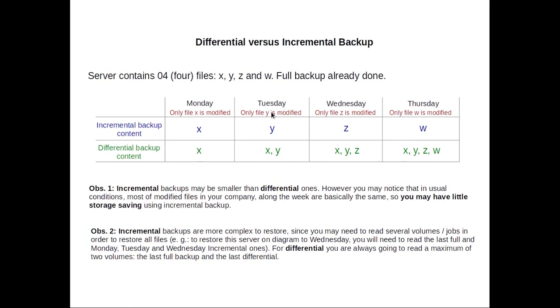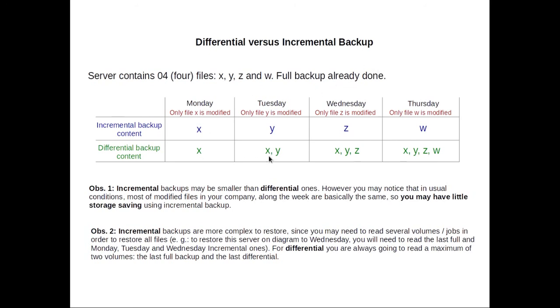However, on Tuesday, if only file Y is modified, an incremental backup would contain only Y, and a differential backup would contain Y and X, because X was modified after I have done a full backup.